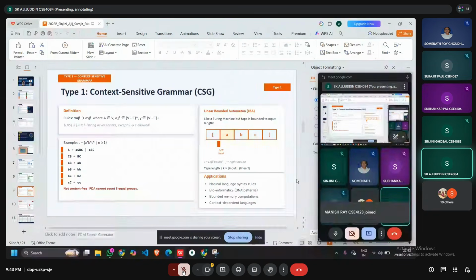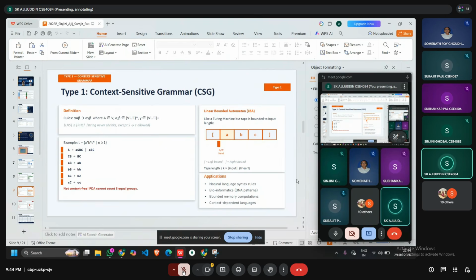To recognize these types of grammar, a linear bounded automaton, LBA, is used, because here we can't use PDA to solve these types of problems. That's why it is more complex, and the application of these types of grammar is bioinformatics, DNA pattern matching. It is more complex than the previous ones, that's why it is used.